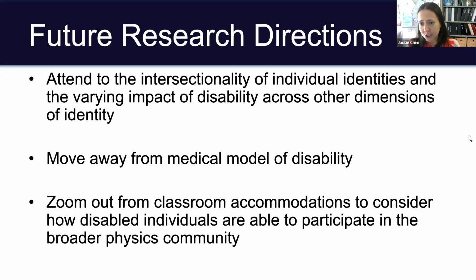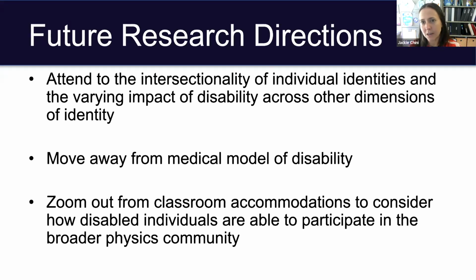Some future research directions that we see for things like physics education research, maybe scholarship of teaching and learning research programs, are to attend to the intersectionality of individual identities and the varying impact of disability across other dimensions of identity. So the disability labels that a person has when they get to college are going to be impacted in different ways by different things.